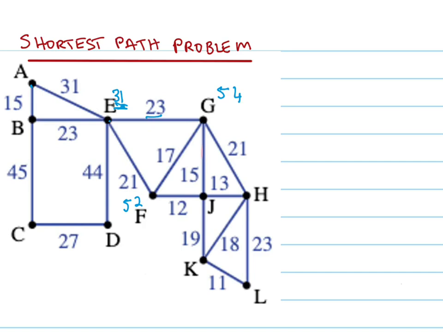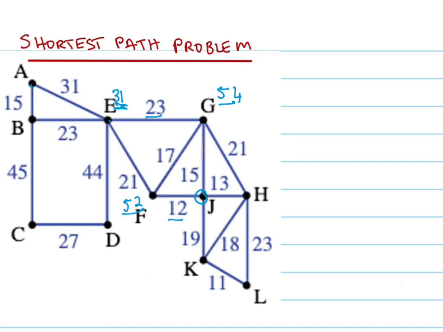All right, so what am I going to consider now? Well, it looks like J is going to be fairly important in this journey. How can I get there in the shortest distance or time? Well, I can go from town G. That would be 54 plus 15 is 69. Or I can get to J via F, and that would be 52 plus 12.